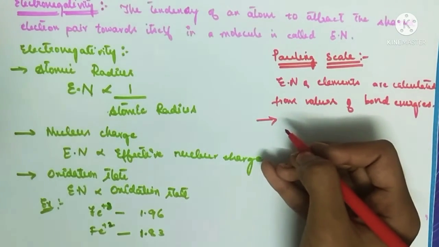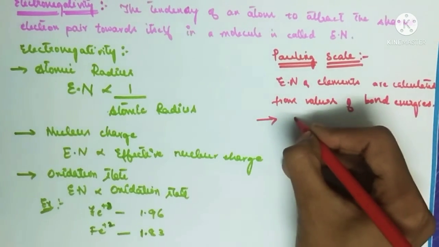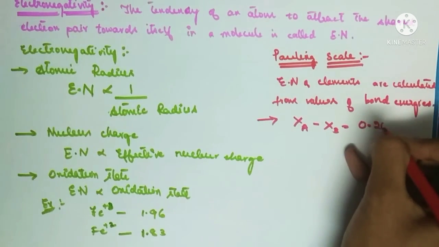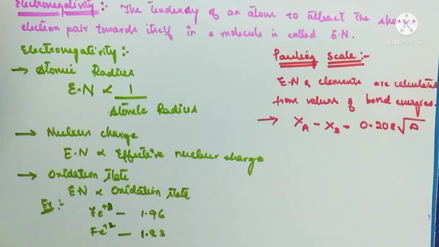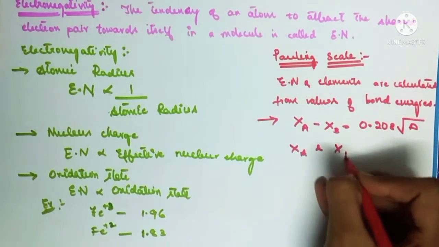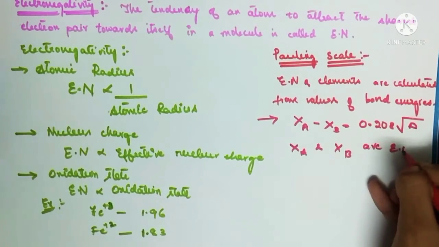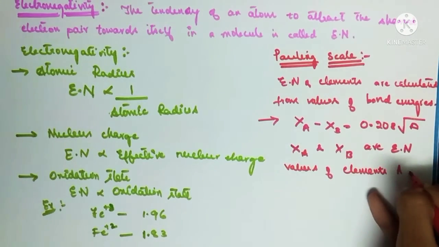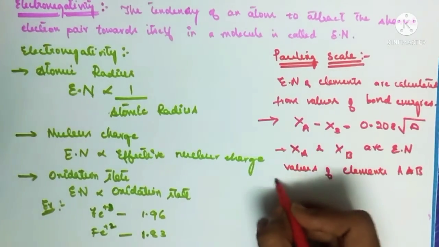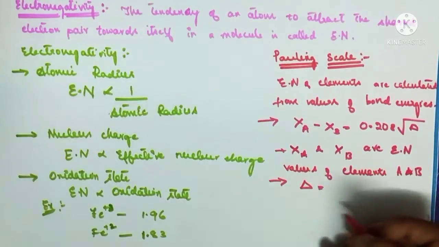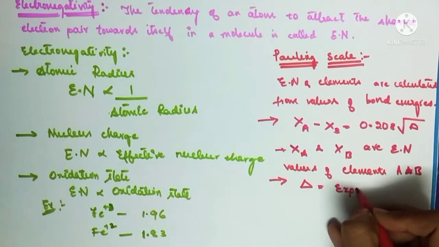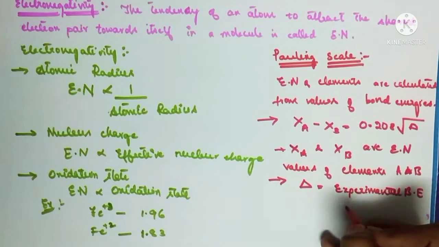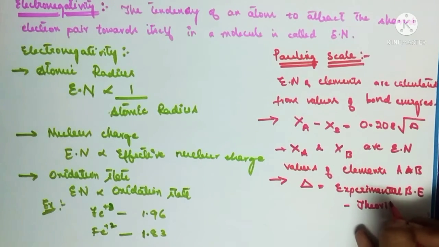The formula used to calculate the electronegativity difference in the Pauling scale is XA minus XB equals 0.208 square root of delta. Here XA and XB are the electronegativity values of elements A and B respectively, and delta is the experimental bond energy minus theoretical bond energy.